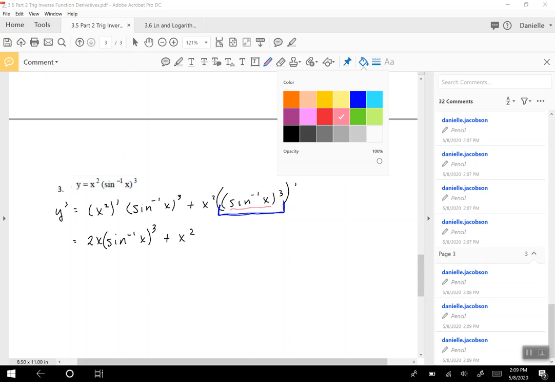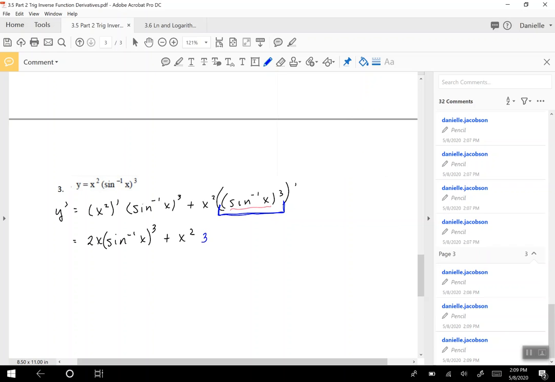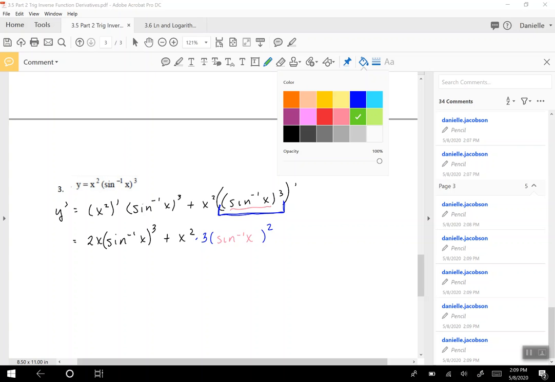Therefore, I need to take the derivative of the outside first. So the 3 will drop down. I have the parentheses that I'm going to have to fill back in, and that's raised to the second power. Now I need to multiply by the derivative of the inside. This is kind of nice because I just have an x there, meaning I don't have to do anything fancy with changing what's on the inside.